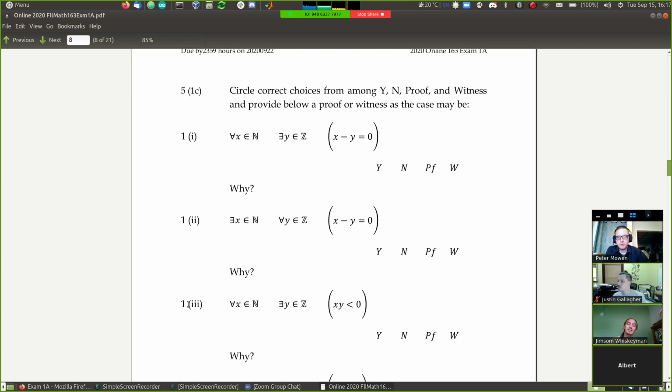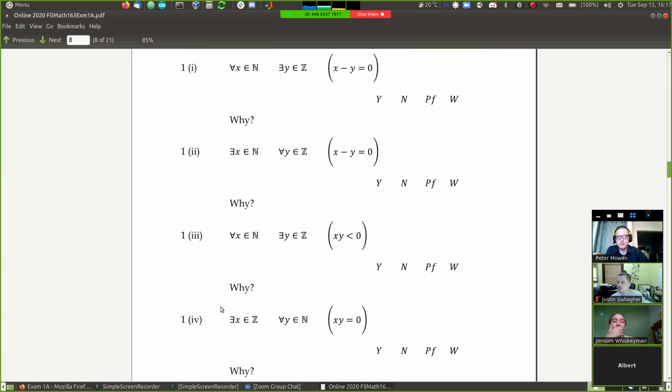Want to see part 3? So it's asking that for every x in the natural numbers there exists some y in the integers where x times y is less than 0.